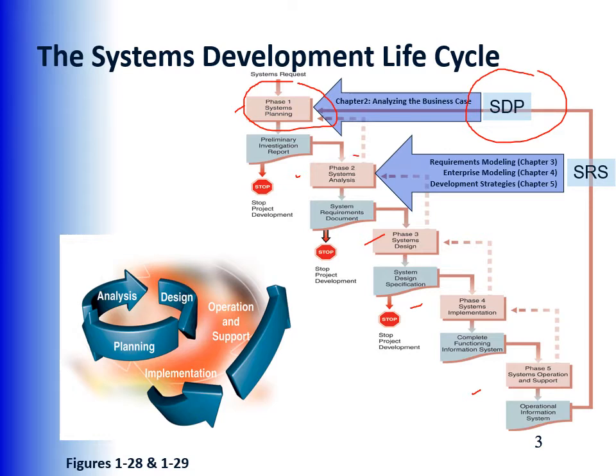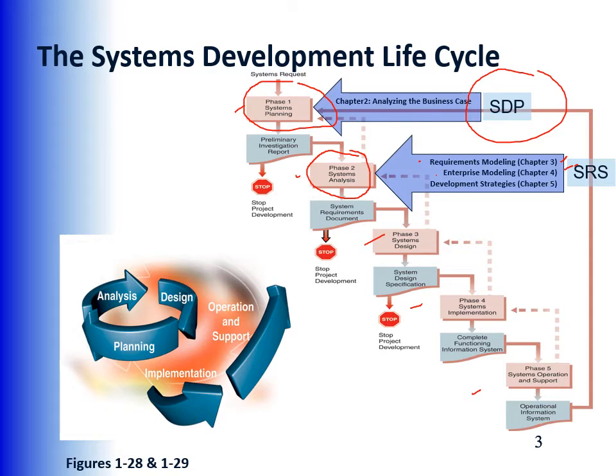Okay, next is phase 2, system analysis. The purpose of this phase is basically to build a logical model of the new system. In this phase, you have learned in chapter 3 and 4, which cover requirement modeling and enterprise modeling.